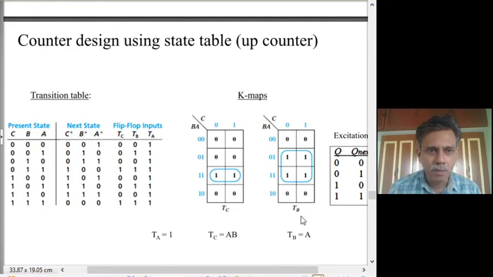Coming to TB, so you have got TB here. Again we use the same thing. C you put it here and BA you put it here. So read out this column, but as you read out you have to fill in this order.